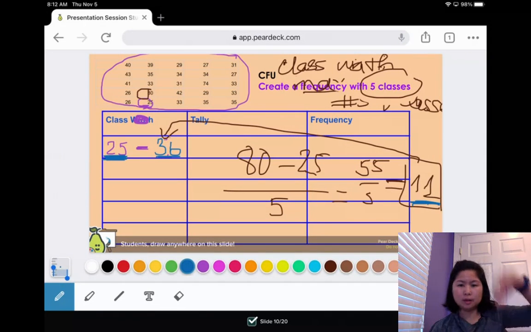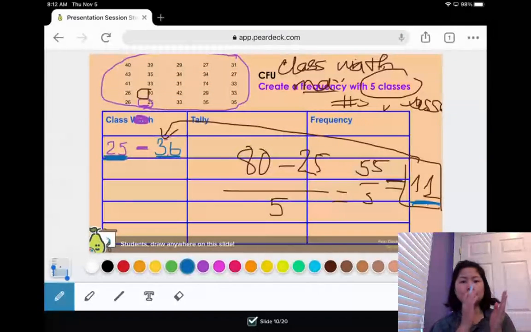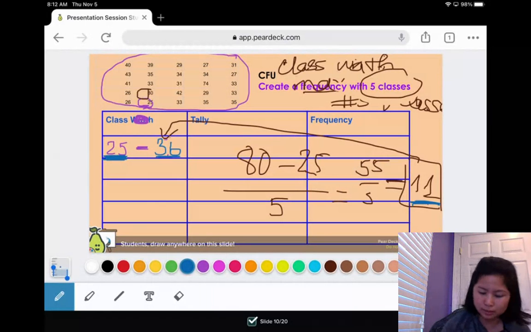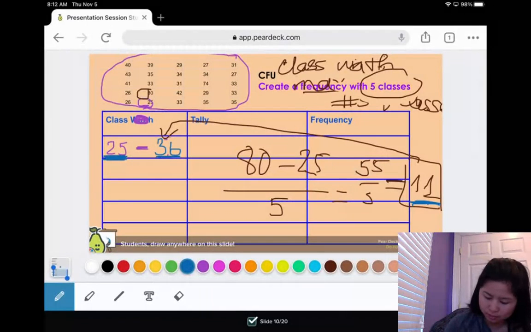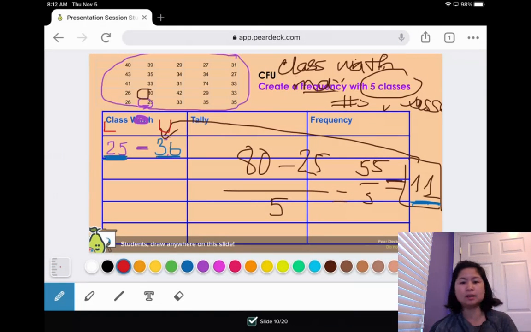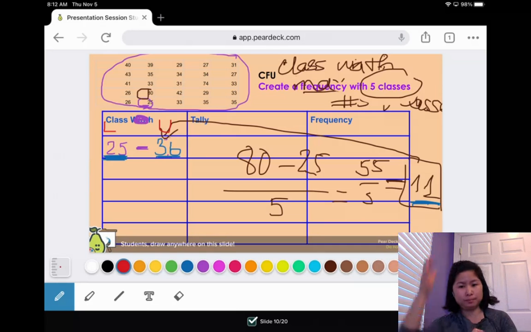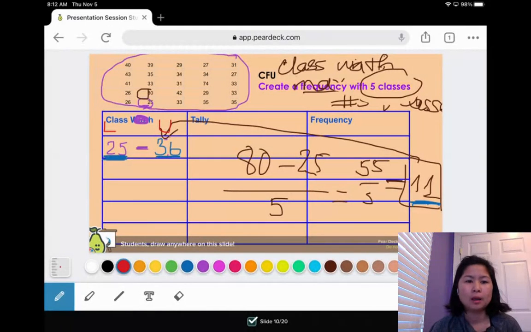So I start with the lowest value in the data list, take 25, and add 11 to get my upper limit. For those who forgot, the number in the front is the lower limit, and the number at the end is the upper limit. Questions?